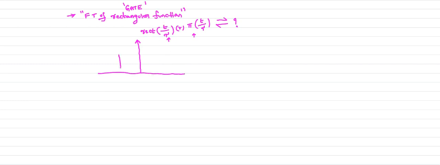Here the denominator indicates the width of the rectangular function. It ranges from minus tau by 2 to tau by 2. That is the width. What is the width of this rectangular function? The width is tau.